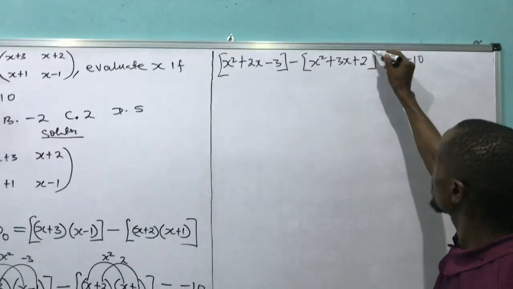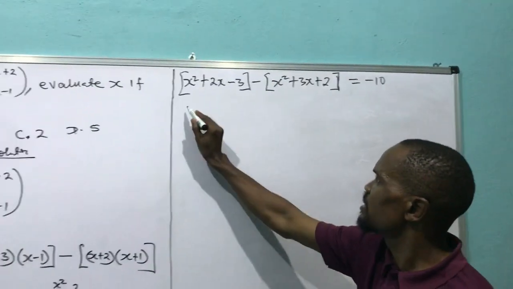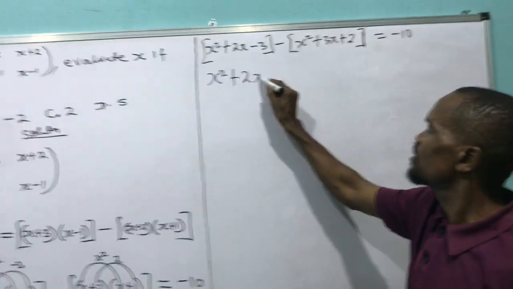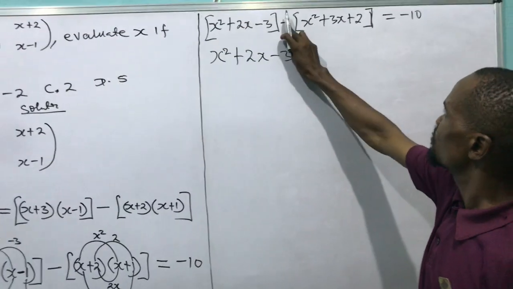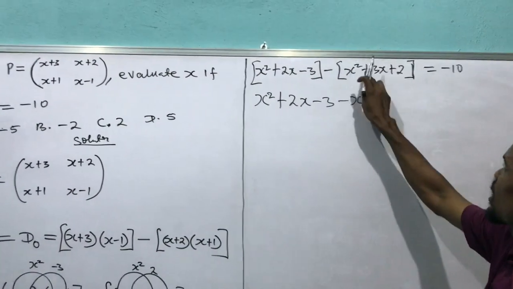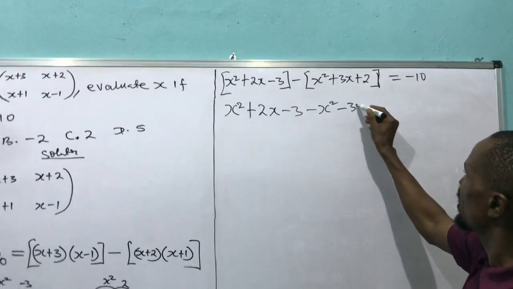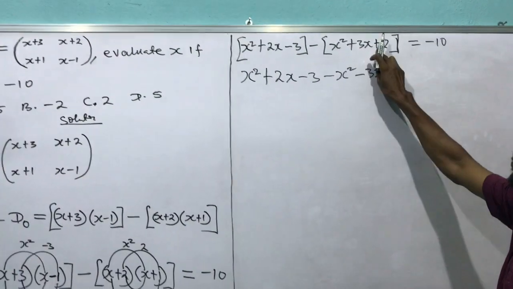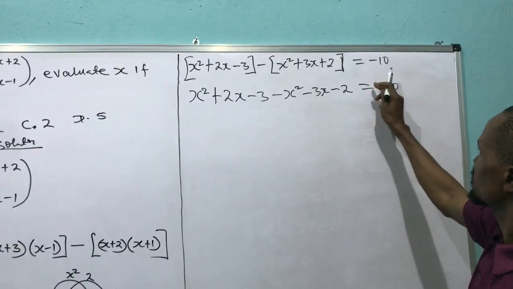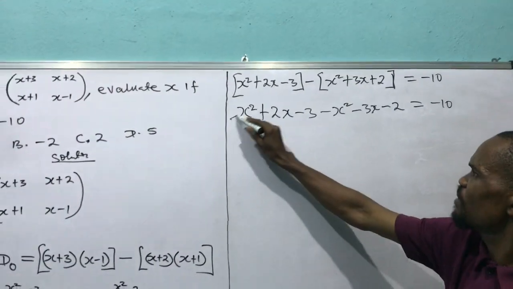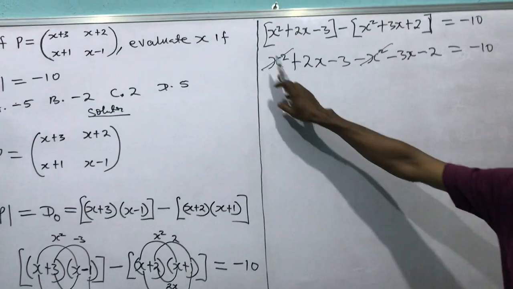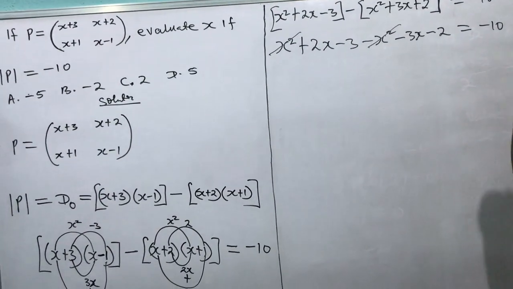Do you get what I'm saying now? Opening the bracket, I have x squared plus 2x minus 3. This minus times this gives me minus x squared, minus times plus gives me minus 3x, minus times plus here gives me minus 2, all equal to minus 10. Minus x squared plus x squared gives me 0.